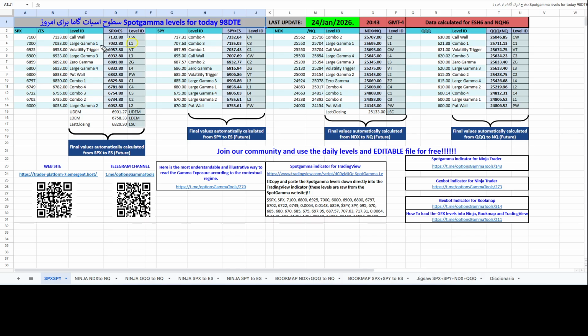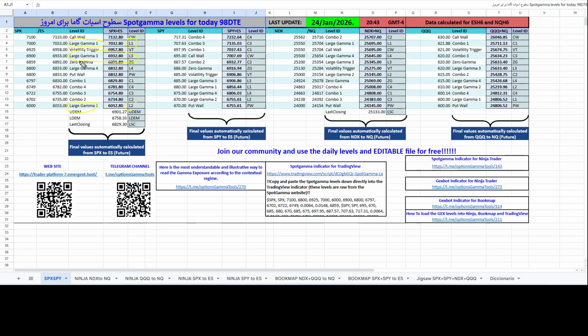The large gamma levels are the most important GEX exposure levels of the ladders. In this case, large gamma 1 has more gamma than large gamma 2, and large gamma 2 has more gamma than large gamma 3.